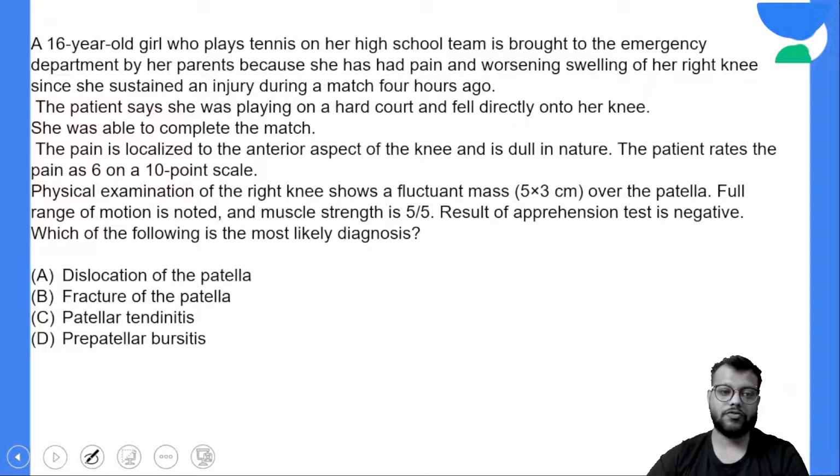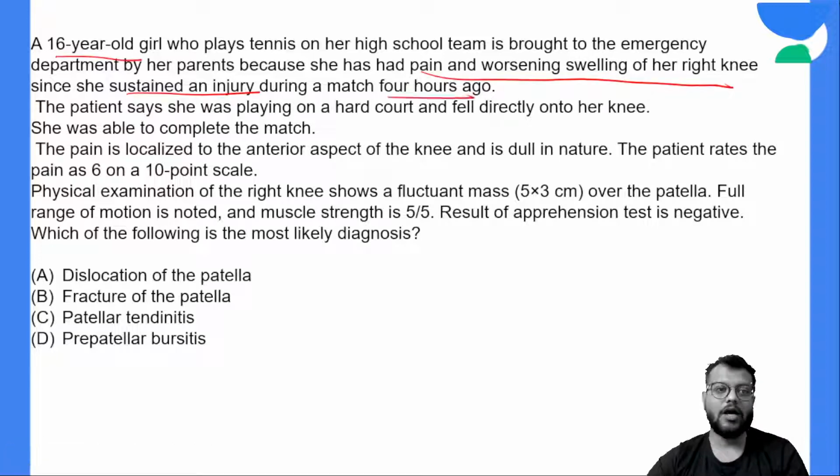Now we'll come to the next question. A 16-year-old girl who plays tennis on a high school team is brought to the emergency by her parents because she has had pain and worsening swelling of the right knee since she sustained an injury during a match 4 hours ago. The patient says she was playing on a hard court and fell directly onto her knee. She was able to complete the match.